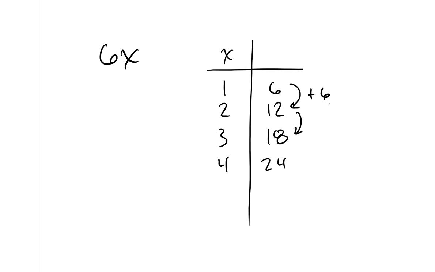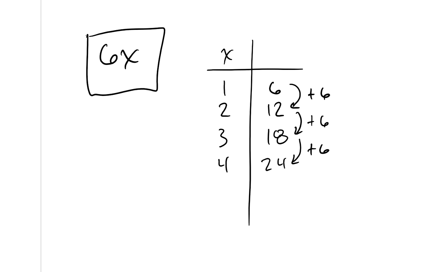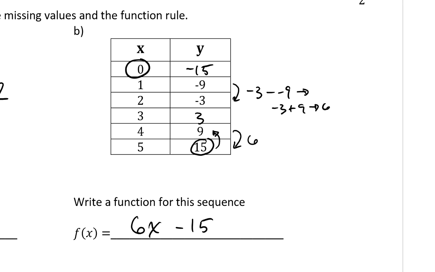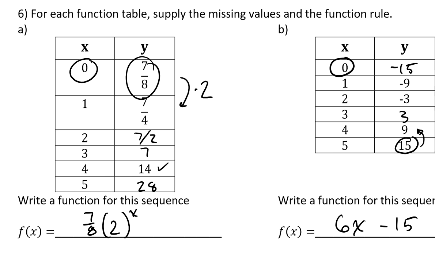So there's one 6, and then 6 plus 6, and then 6 plus 6 plus 6, and then 6 plus 6 plus 6 plus 6. So again, multiplication is used to show repeated addition. I'm adding 6's each time as I move forward. And my 0th term, you can see, is the number negative 15. So that's it for question number 6.